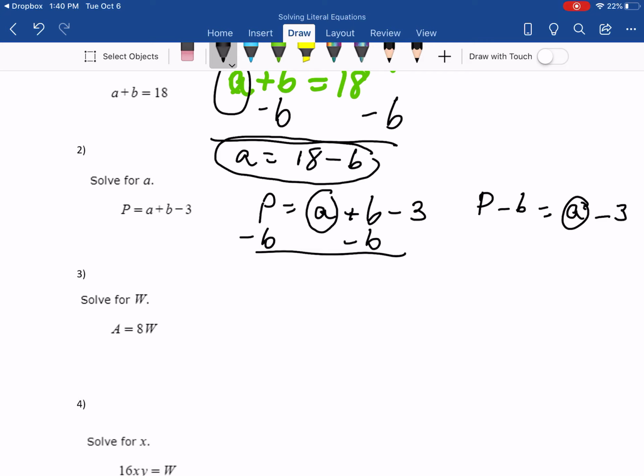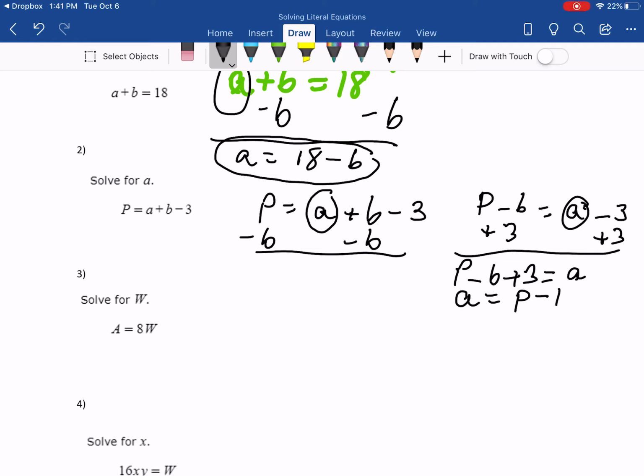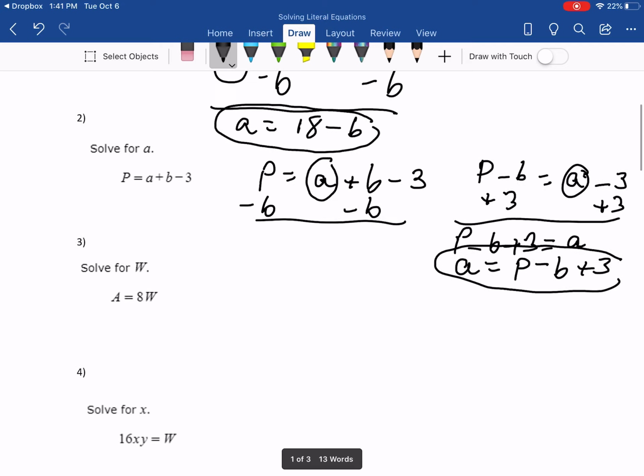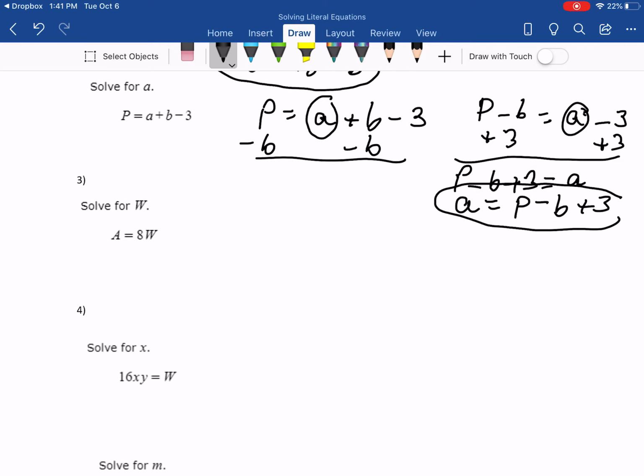Okay, so now we want to move the negative 3, and of course we're going to add 3 to both sides, which gives us p minus b plus 3 is equal to a. Great, now we have a alone. We want to rewrite it starting with a, so I'm just going to flip it around. A is equal to p minus b plus 3. And that's your answer.